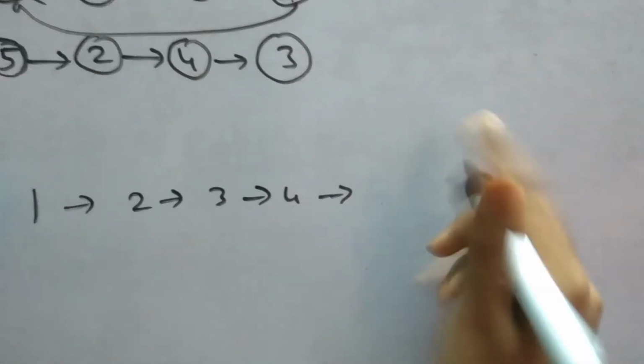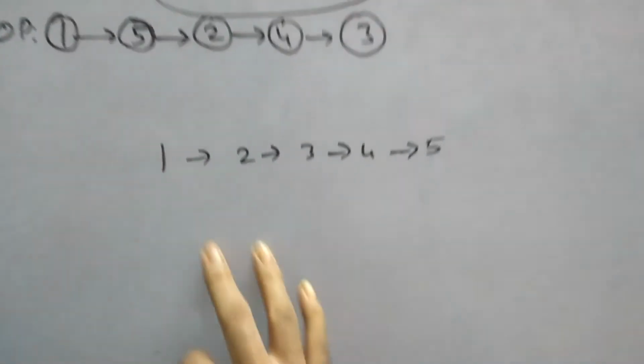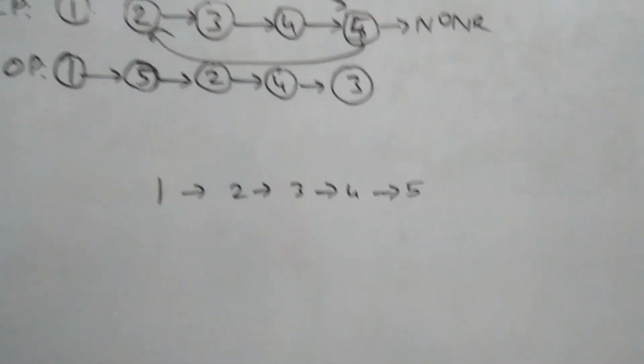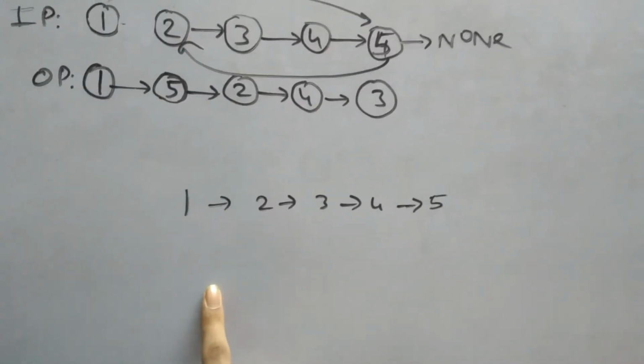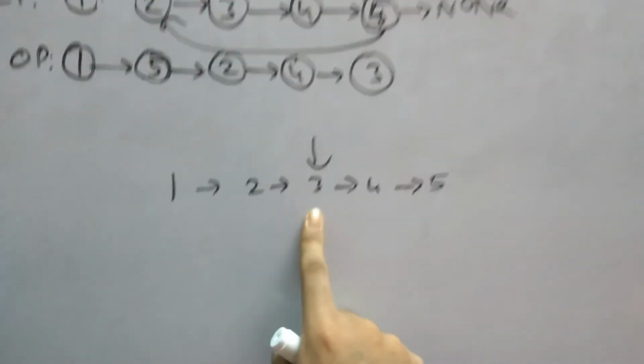Let's just think for a moment how we can do this. We can find out the middle element of this linked list. What will be the middle element? The middle element will be this one, right?